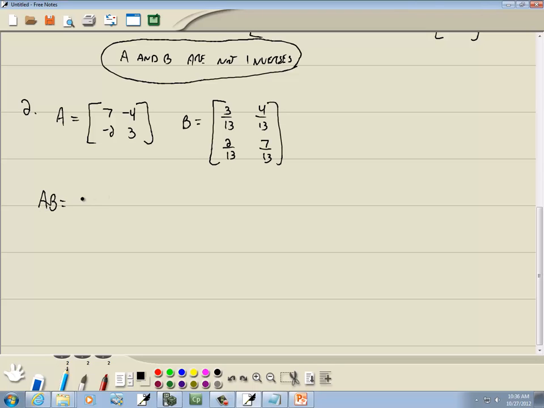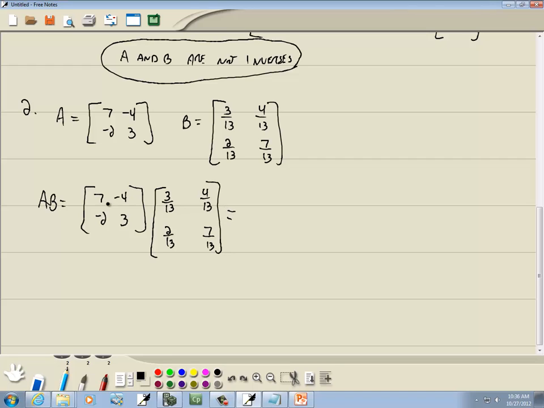And we'll multiply A times B. So 7, negative 4, negative 2, 3 times 3/13, 4/13, 2/13, and 7/13.